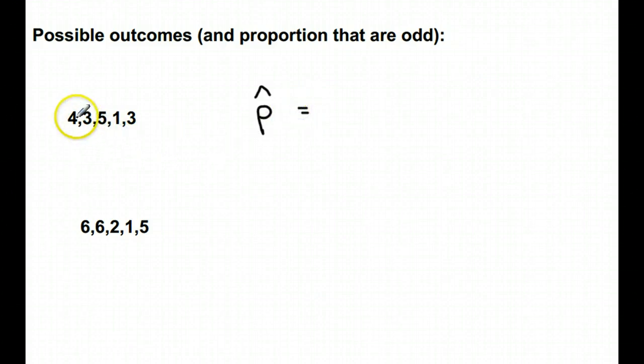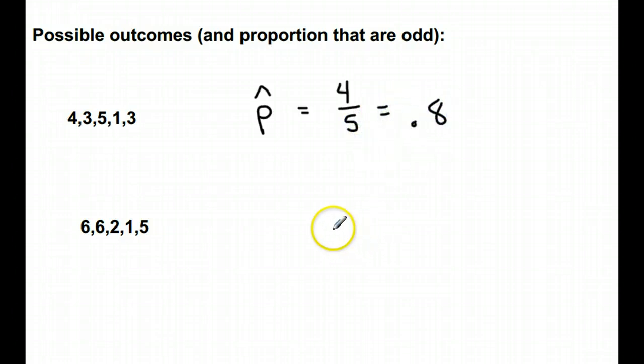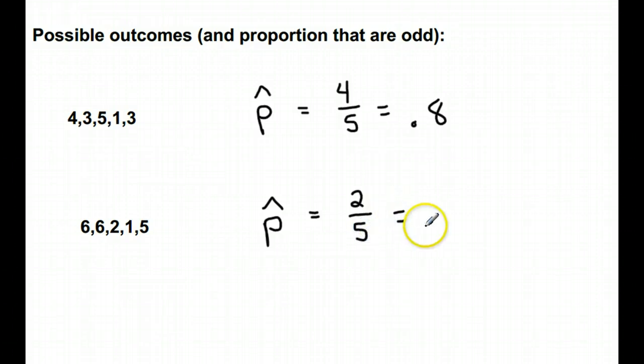So there are 1, 2, 3, 4 odd numbers out of the 5. So that's 4/5, which as a decimal is 0.8, 8/10. Okay, and then down here I have 1, 2, 3 evens and only 2 odds. So in this case, that's 2 out of 5. 2 out of 5 is equal to 0.4.